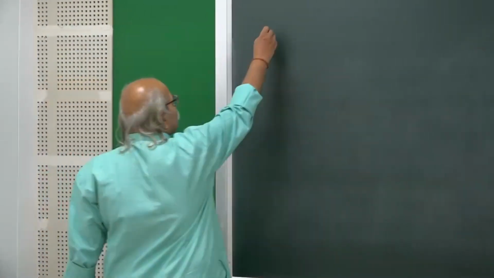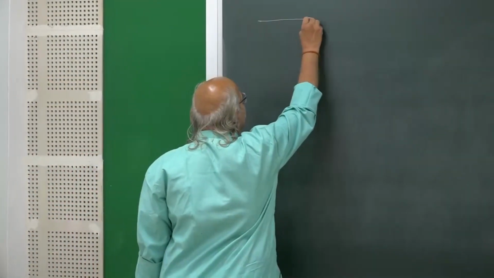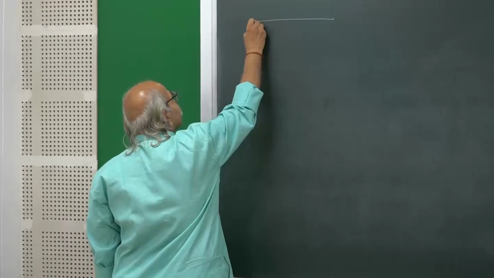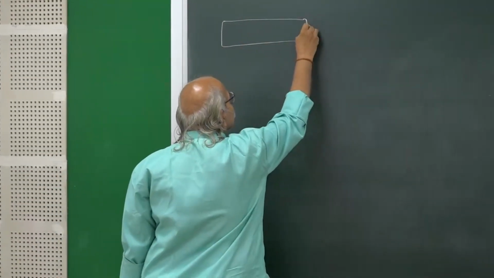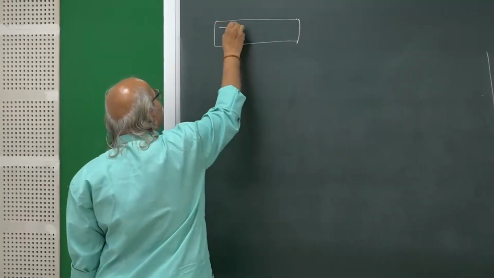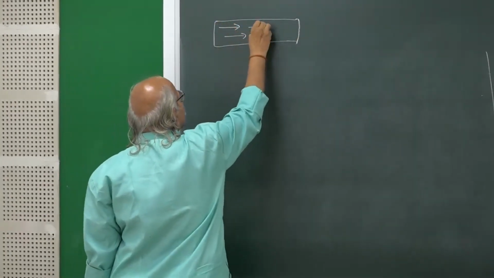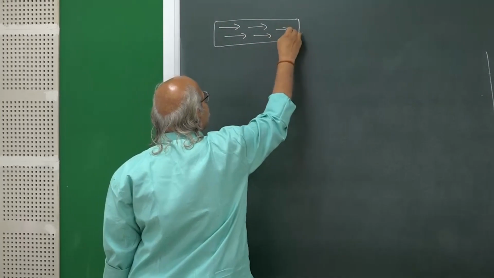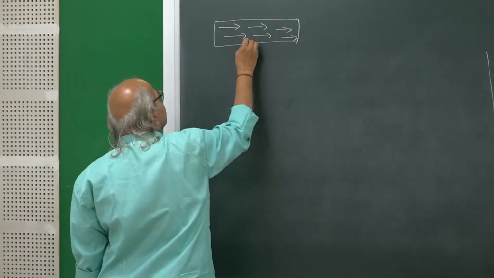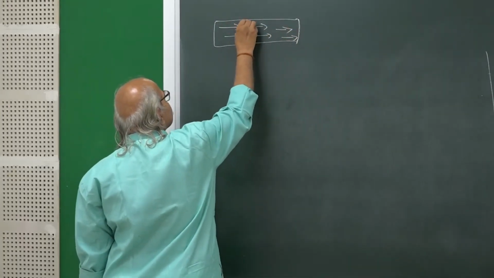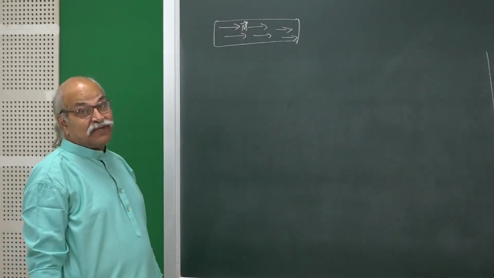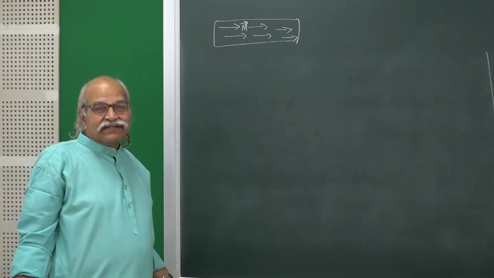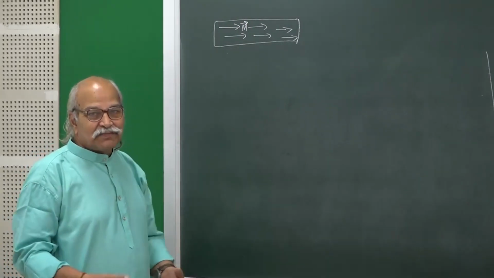So, first let us suppose you have a bar magnet, uniformly magnetized. We will take a uniformly magnetized bar magnet. This magnetization is M, constant everywhere inside this bar magnet. Outside there is no material, there is no question of dipole moment per unit volume.